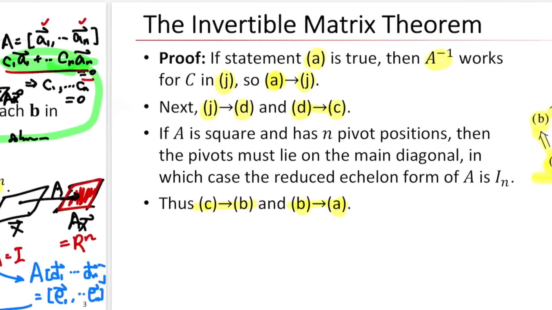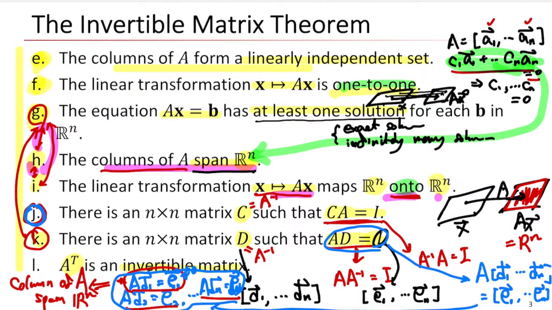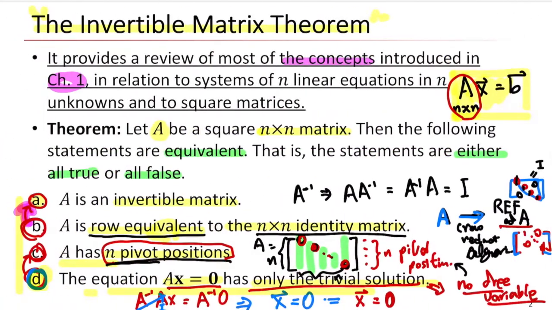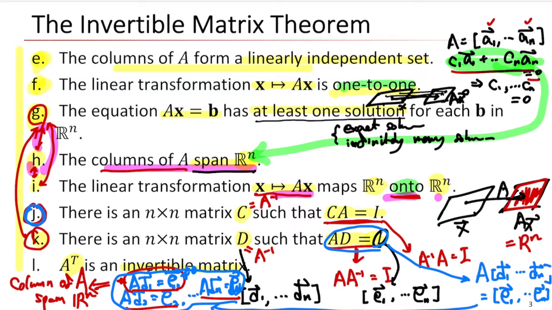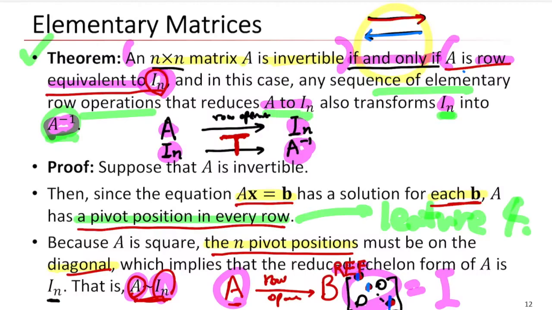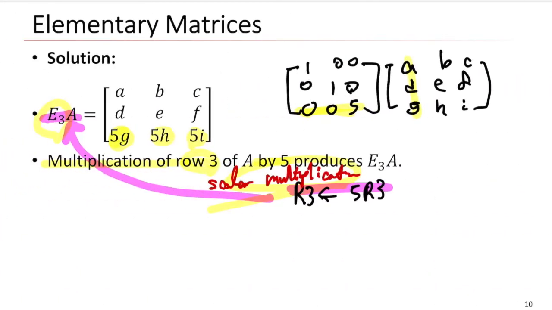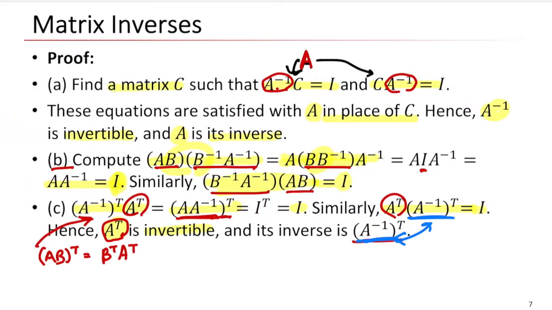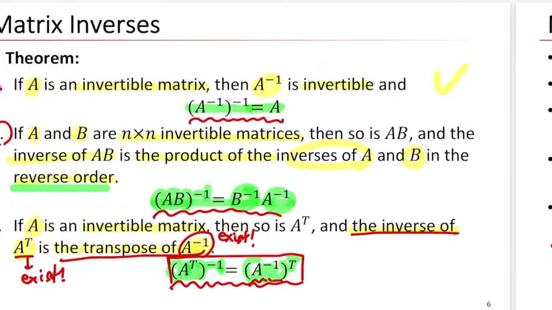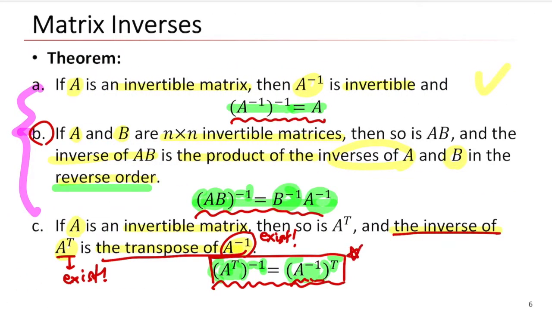statement I. What is that? A transpose is an invertible matrix if A is an invertible matrix. To see this, we need to go back to the previous lecture on the invertible matrix theorem here, right? So the inverse of matrix A transpose exists.